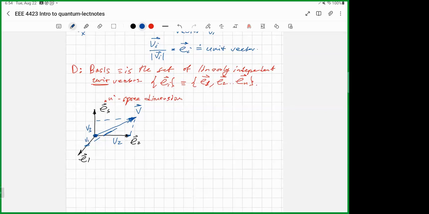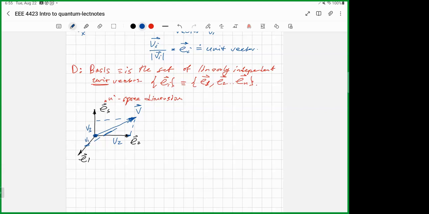So having this vector v, we can still rotate this basis in space, but that of course doesn't change the vector itself. The components of the vector, v1, v2, v3, will change almost arbitrarily as we rotate the basis.